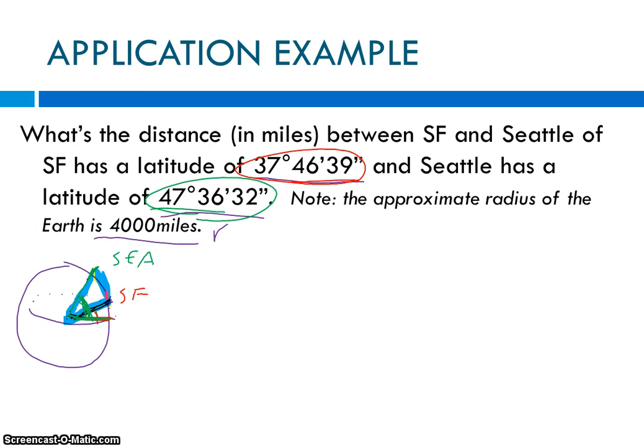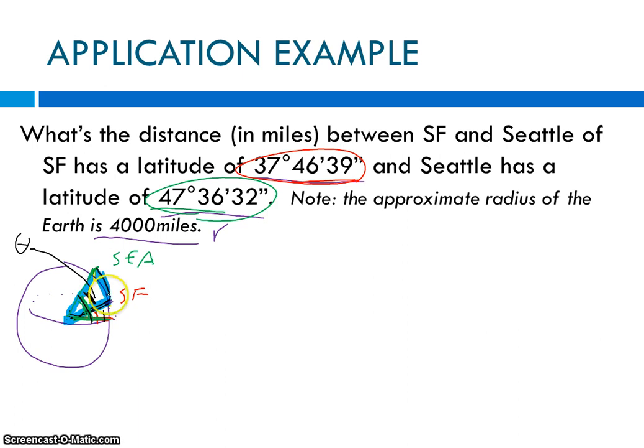Remember, when we use the arc length formula, we need to know our central angle theta, and our central angle theta is the angle between my two highlighted marks. It's just this black area. This is going to be my theta, which I'm going to have to find. I know my big green angle, and if I subtract off my red angle, I'm left with this black angle, which is the theta that I want. So I'm going to find my theta by subtracting my two angles.